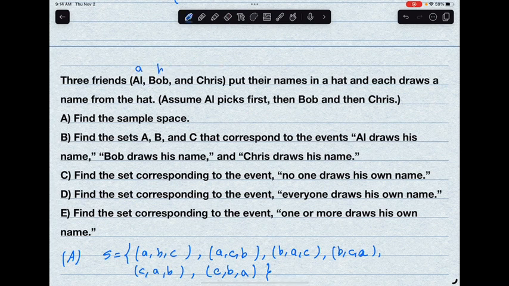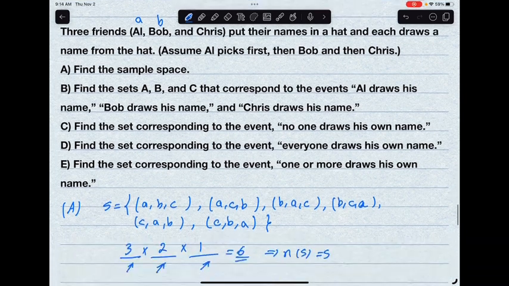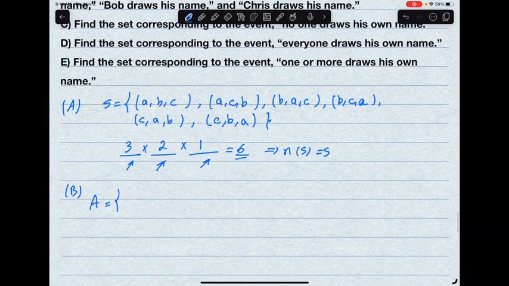Say this one is a, this one is b, and this one is c. Now what is the event A? The event that Al chooses his name. Here the first component is the name drawn by Al, so it should be a. Here and here, these two will form A. So A is a, b, c and a, c, b.